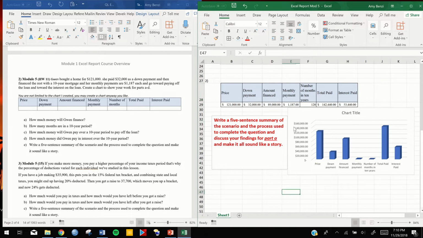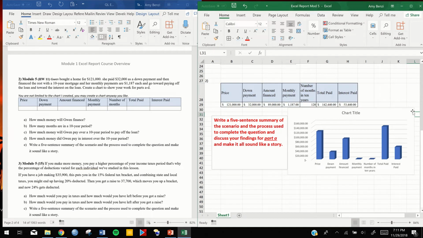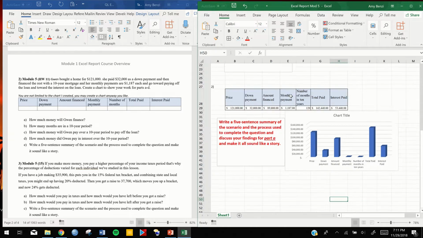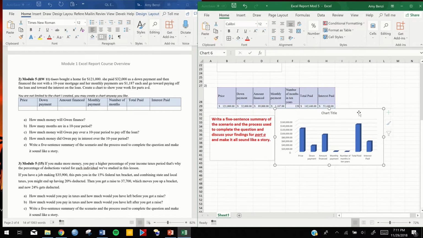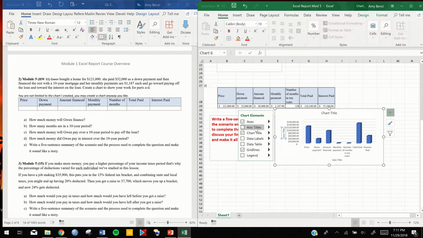All right, everybody, please make sure that you add axes titles. Your x-axis is going to be, what are you going to name that? Where's my... There it is. My axes titles.